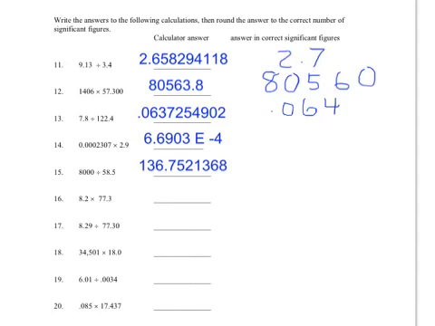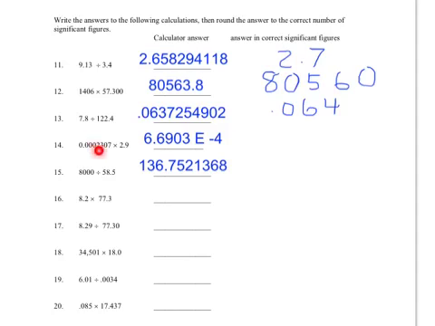Now let's look at number 14. Now we haven't talked about scientific notation yet, so some of you are probably going to panic when you see that your calculator spits out this weird e-4 business, but all that's really trying to say is we're taking this number here and multiplying it by 10 to the negative 4th power, something we'll talk about in tomorrow's lesson. But for right now, what we have to keep in mind is significant figures.